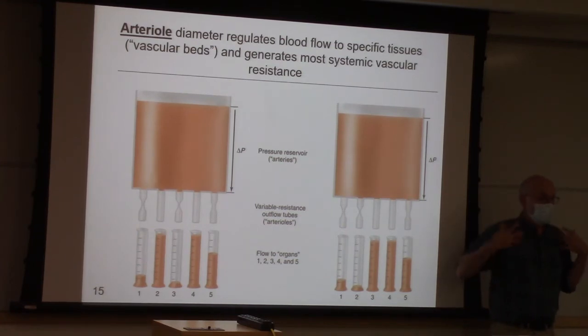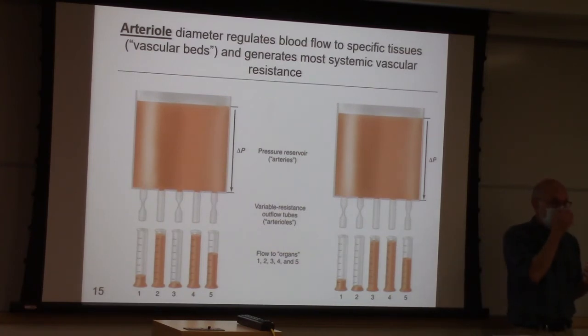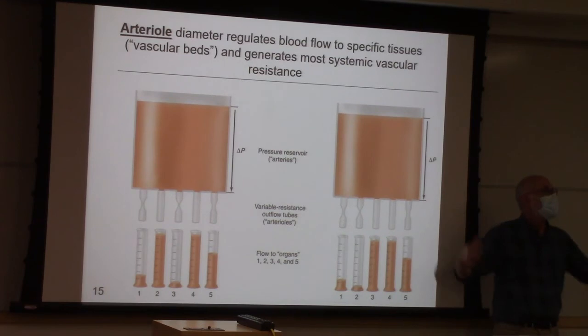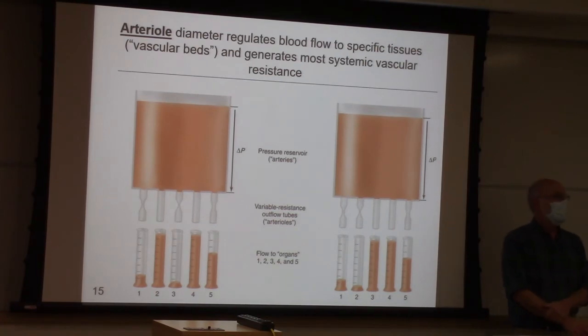High body temperature tells the system, oh, we need to get rid of this excess heat. Now we need to dilate blood vessels to the skin, in order to get rid of extra heat by sweating, evaporation, and radiation of heat. So exercise causes the constriction and then the dilation of blood vessels to the skin.